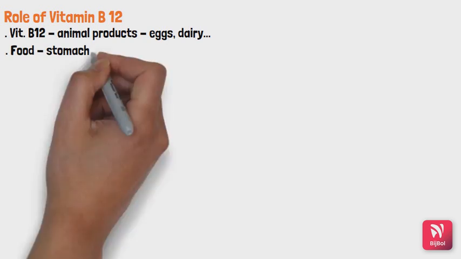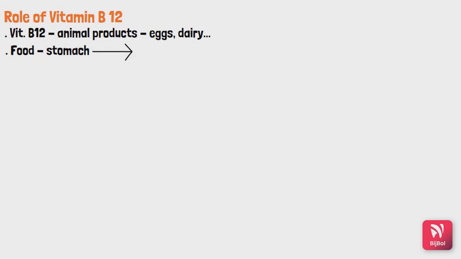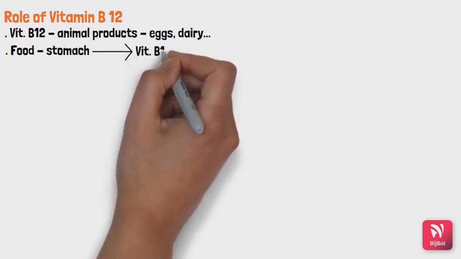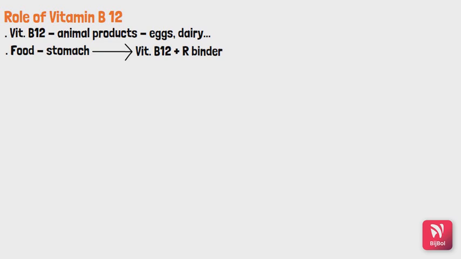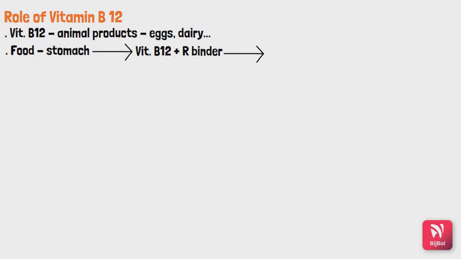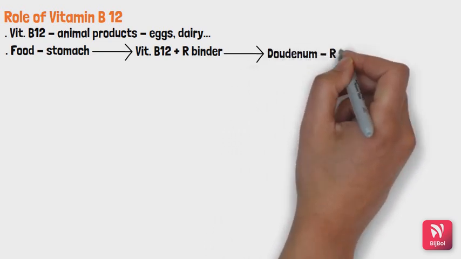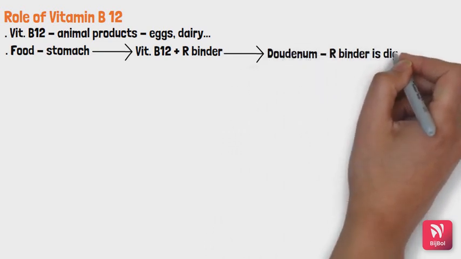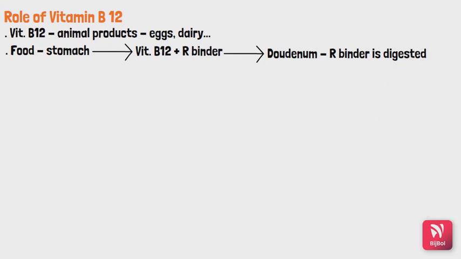There vitamin B12 cannot roam freely, so it complexes with a protein called R binder, and with the help of R binder it enters the duodenum, where vitamin B12 becomes free and the R binder gets digested.